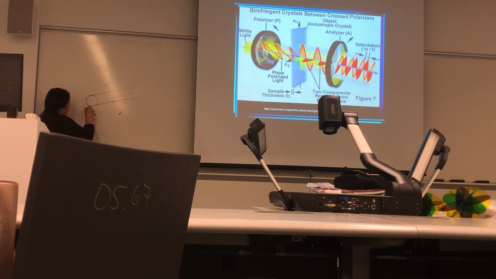The light ray that travels through the center of the fiber goes through much greater thickness. So these two rays that are vibrating perpendicular to each other will experience a greater retardation because of a greater phase lag. Delta n is the same, T is different.